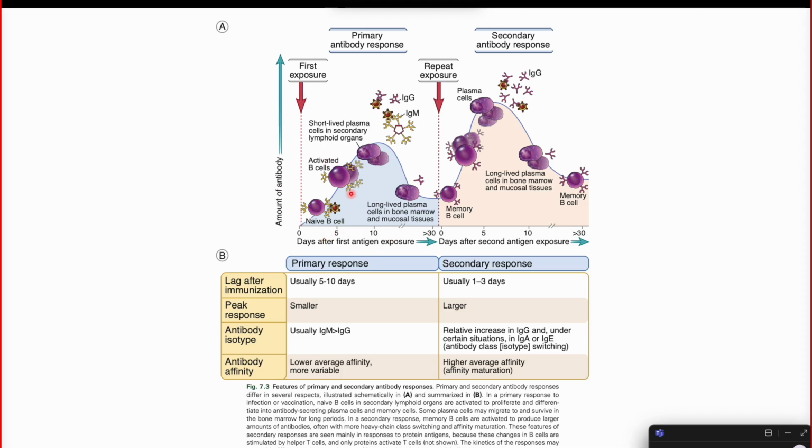Because the naive B cell, which by default will have IgM, will see the antigen, then it will be activated, and activation means the process of class switching and the process of affinity maturation will take place.